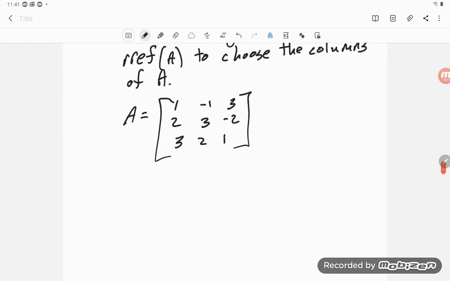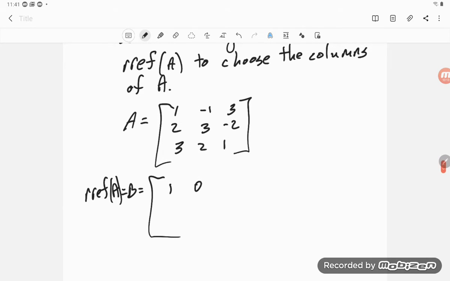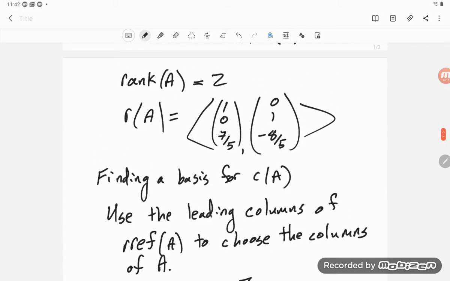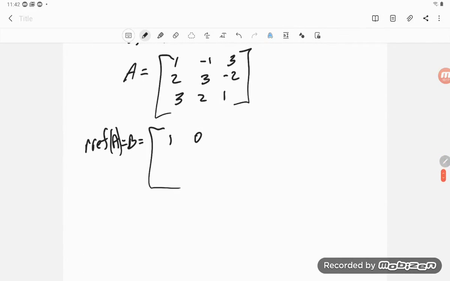And B equal the reduced row echelon form of A, and that was 1, 0, 7/5; 0, 1, negative 8/5; and 0, 0, 0, like that.